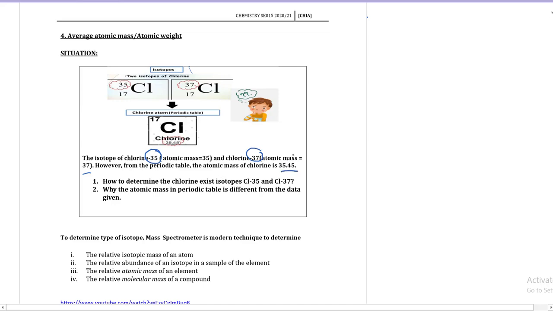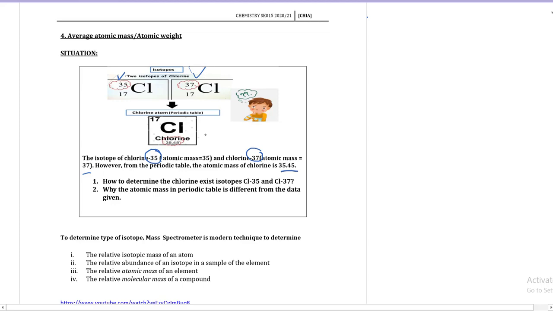If you recall your memory about SPM, sometimes we learn about carbon 12, carbon 14, oxygen 16, oxygen 14. So this is an example like chlorine 35, atomic mass 35, and chlorine 37, atomic mass 37, right? So this is the mass of the isotope.